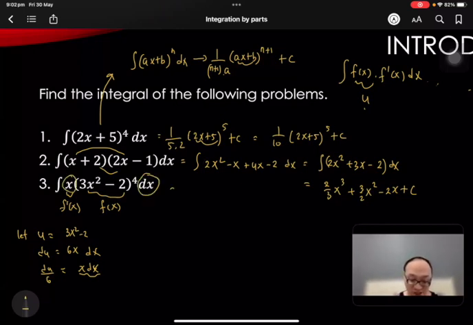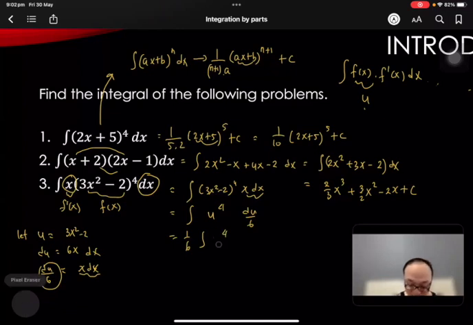So I can rewrite this as the integral. I rewrite first (3x squared minus 2) to the power of 4 times x dx. So this is the integral of u to the power of 4, with x dx replaced by du over 6. So this is 1 over 6 times the integral of u to the power of 4 du.